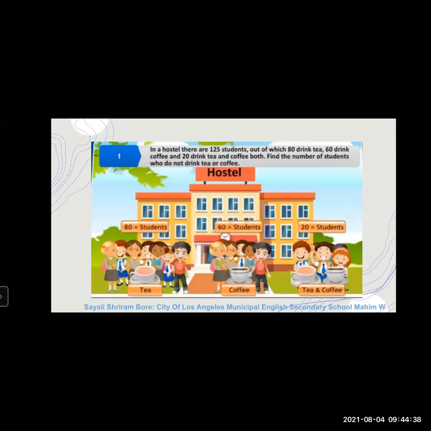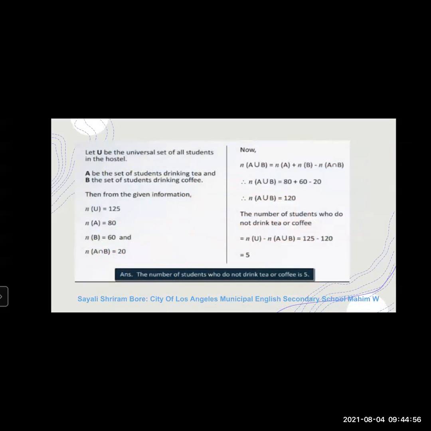Find the number of students who do not drink tea or coffee. In the last statement, you can see the word not. So simply you will apply the formula. I will show you the solution part of this. See here. If you want, you can take the screenshot. Let U be the universal set of all the students.